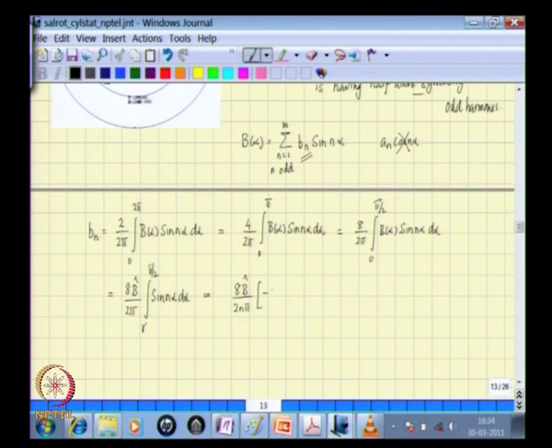Integral of sin n alpha is cos n alpha by n, we have taken the n out, and this is from gamma to pi by 2, and therefore that is 8 B hat by 2 n pi. Let us take the minus sign also outside, then it is cos n pi by 2 minus cos n gamma.